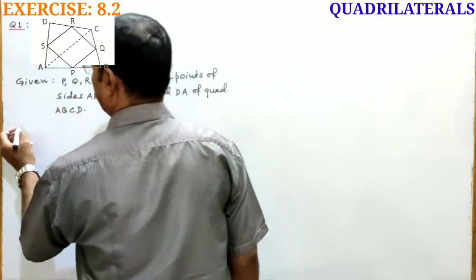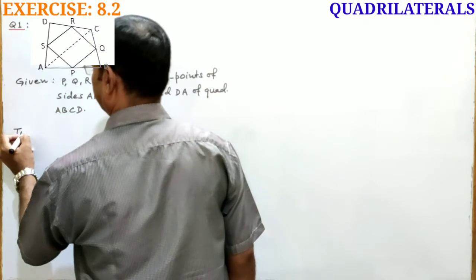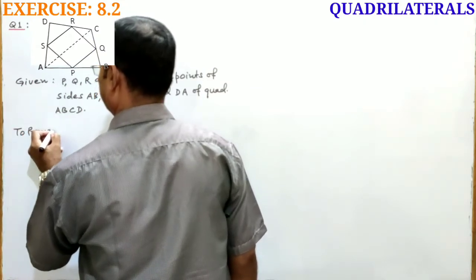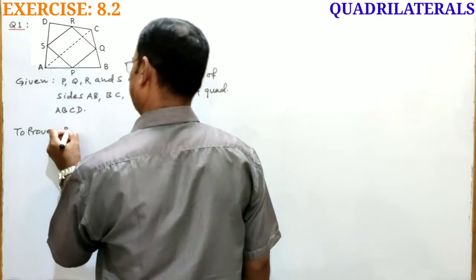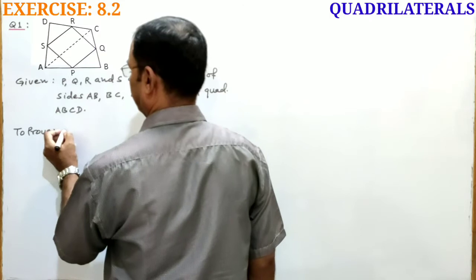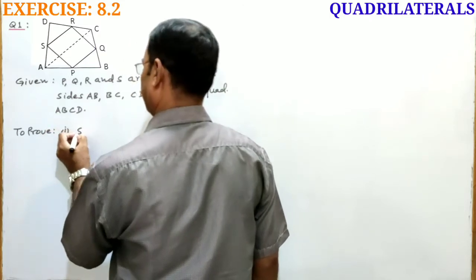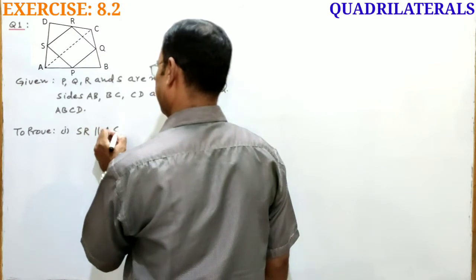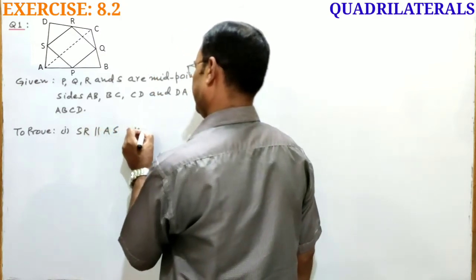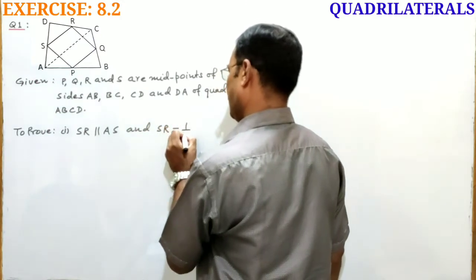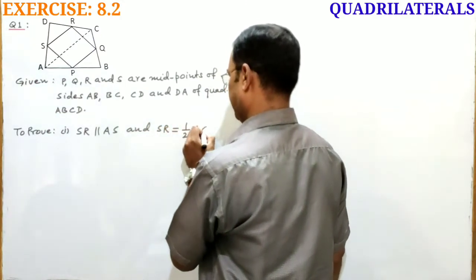We have to prove that SR is parallel to AC and SR is equal to half AC.